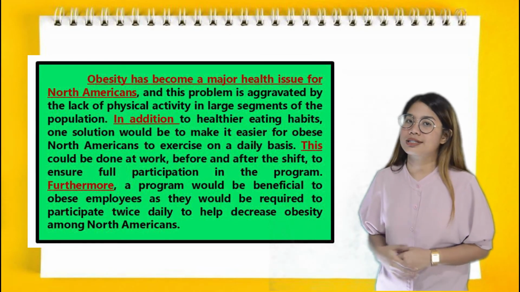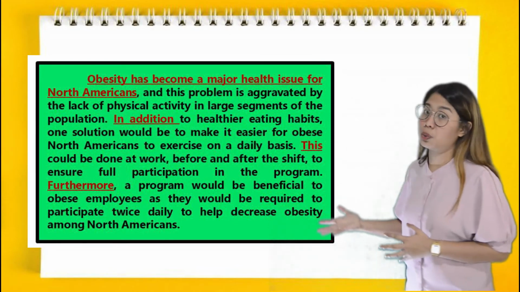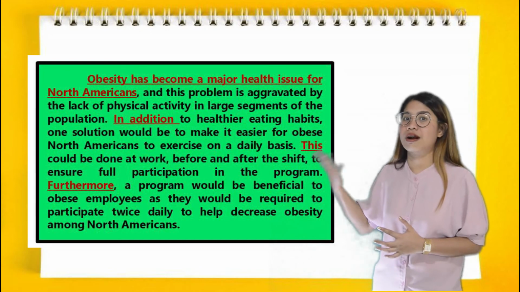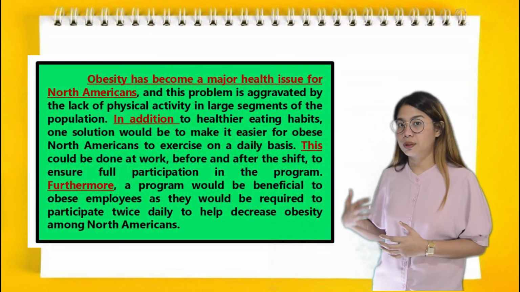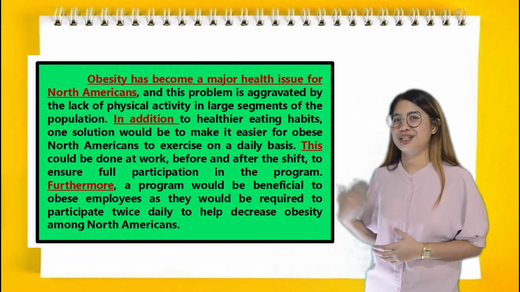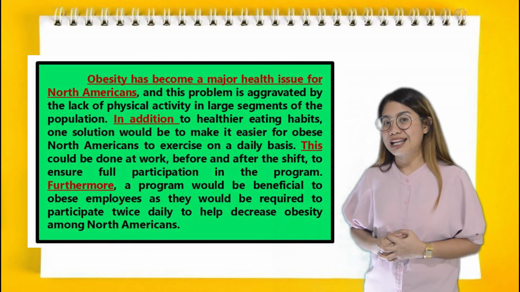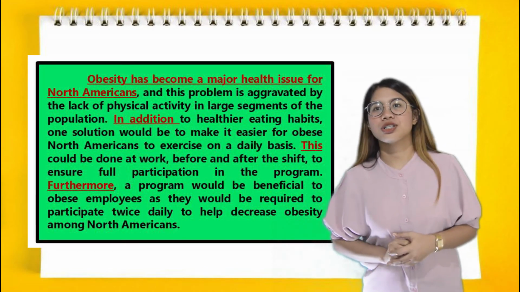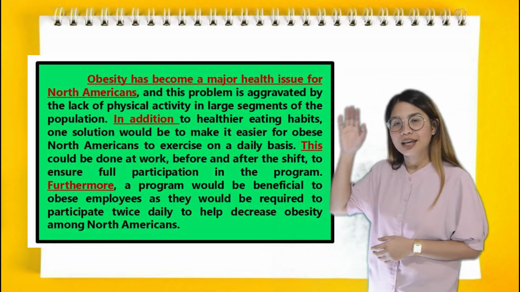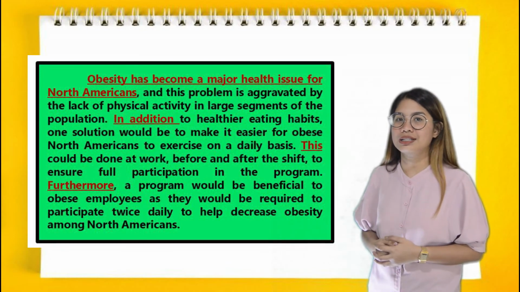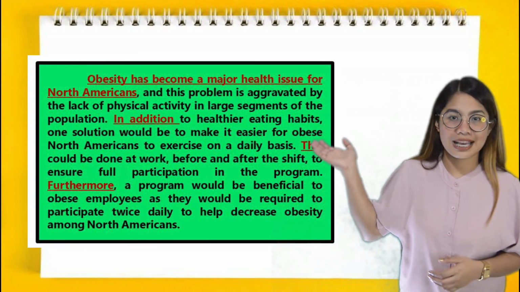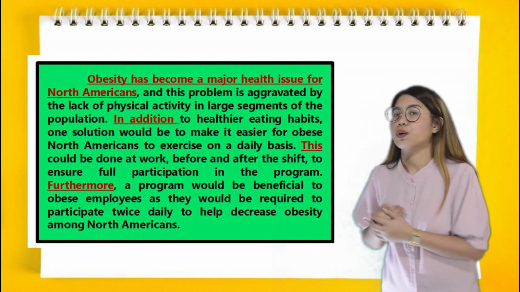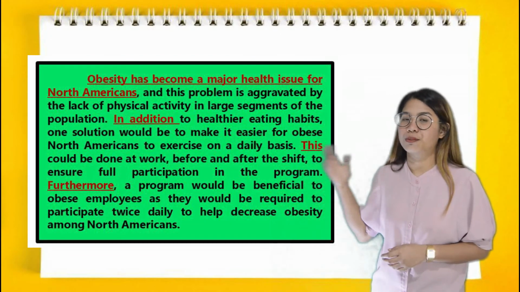So what are the signal words that help you identify that the paragraph is an example of a problem solution writing pattern? So we have in addition, what else? We also have this, and we have furthermore.